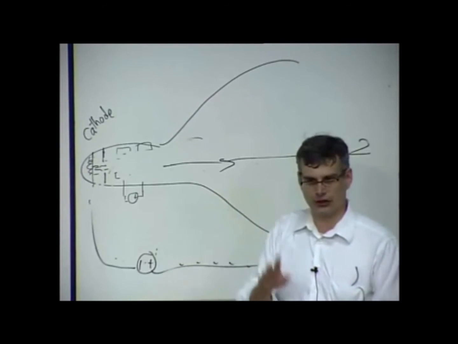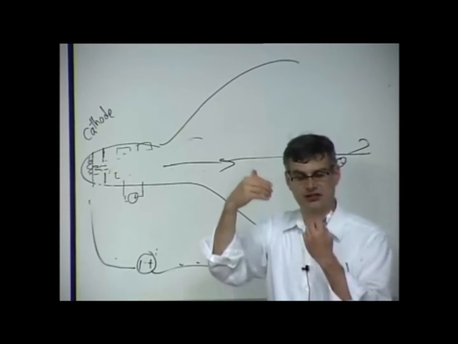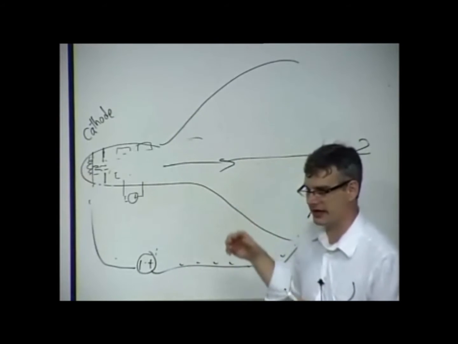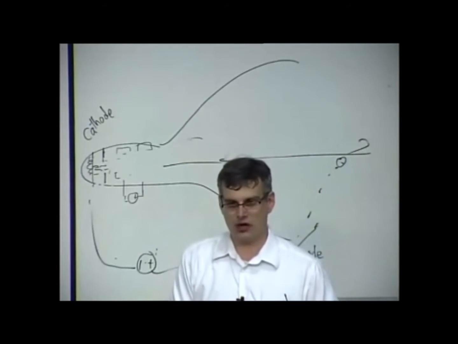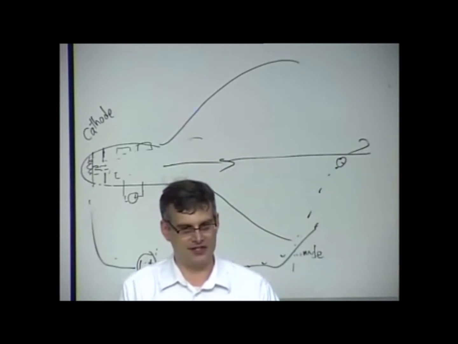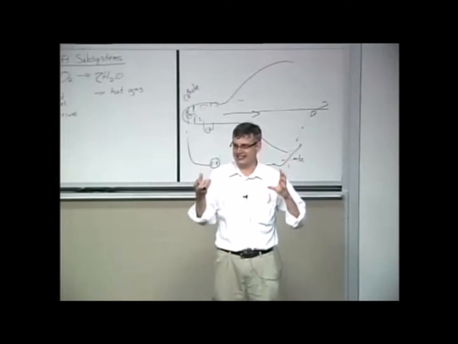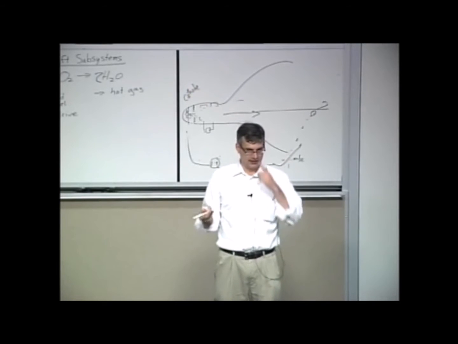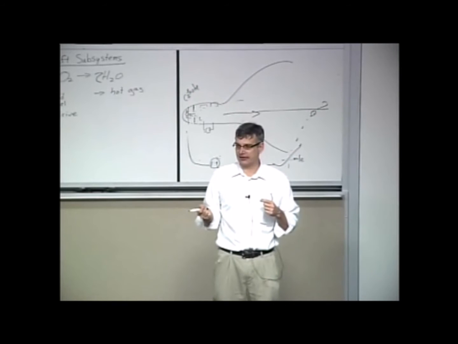That's where you're going from an electrical to a mechanical form of energy, kinetic energy coming out the back. So the real trick for the ion drive is to come up with a really dense liquid fuel that ionizes easily.